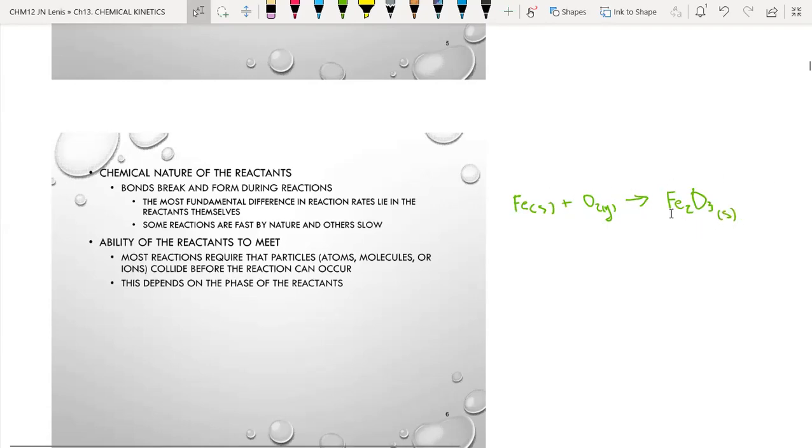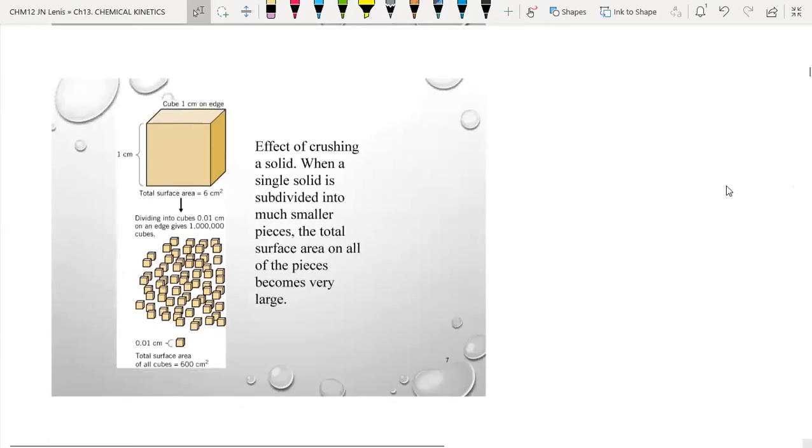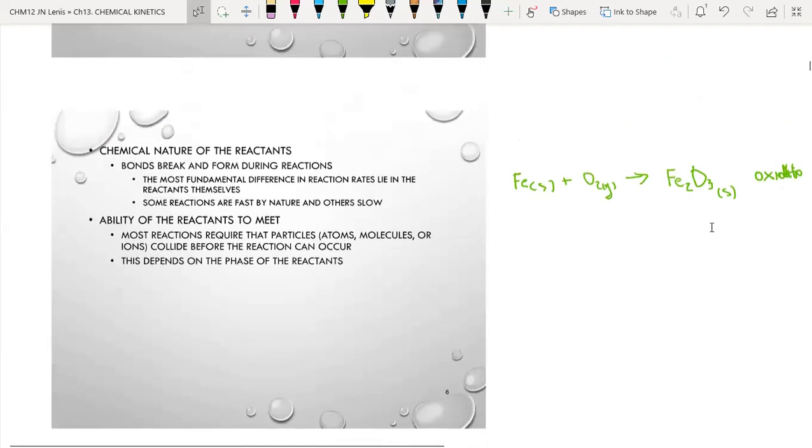What is the name of this reaction? It's called oxidation. It's an oxidation reaction.